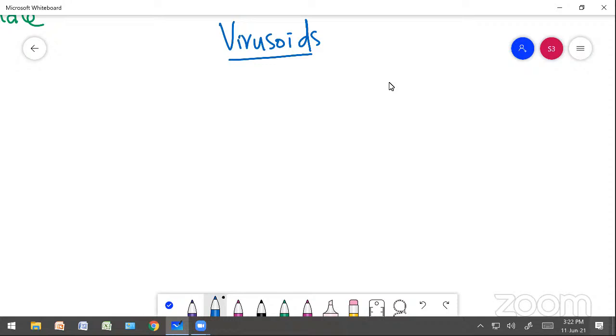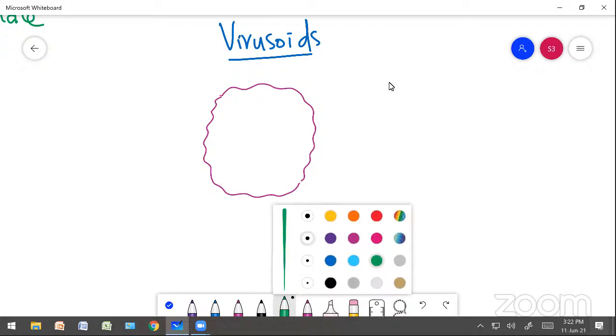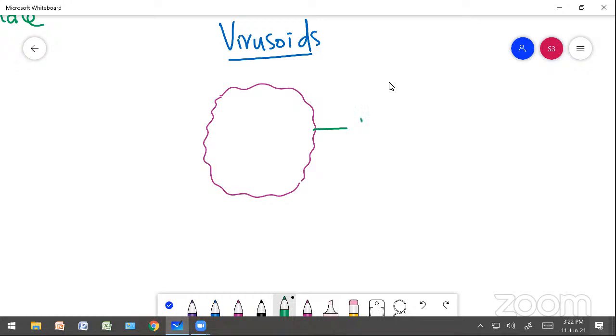It also possesses only a circular shape of core material only, but here you can see no envelope. Envelope is not present. It is only core material, right? Only RNA, ribonucleic acid, is found, but it is not bound by a capsid. The protein is totally absent.